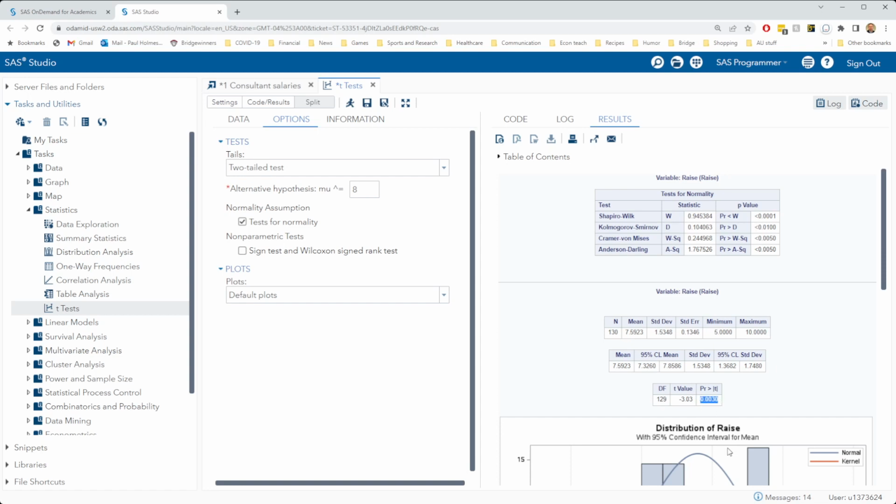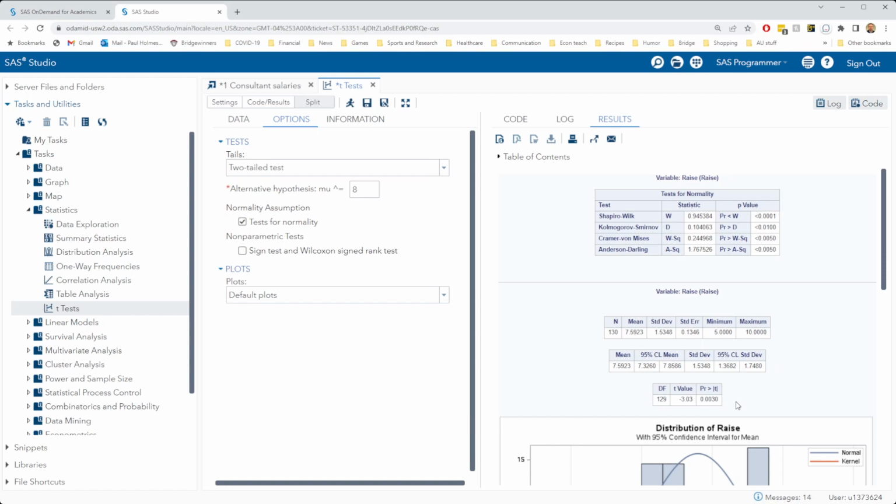Our p-value down here tells us that if the true value for the average raise was 8%, the chance that we would observe a test statistic this extreme, like 7.59, is only 0.003. 3 out of 1,000 times we would see a test statistic this extreme.